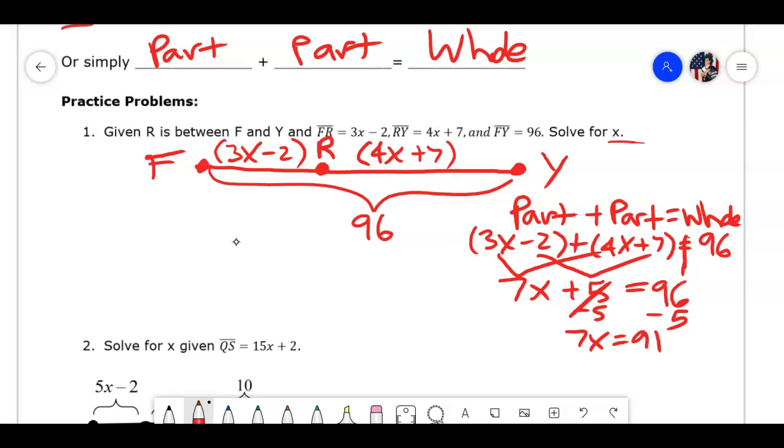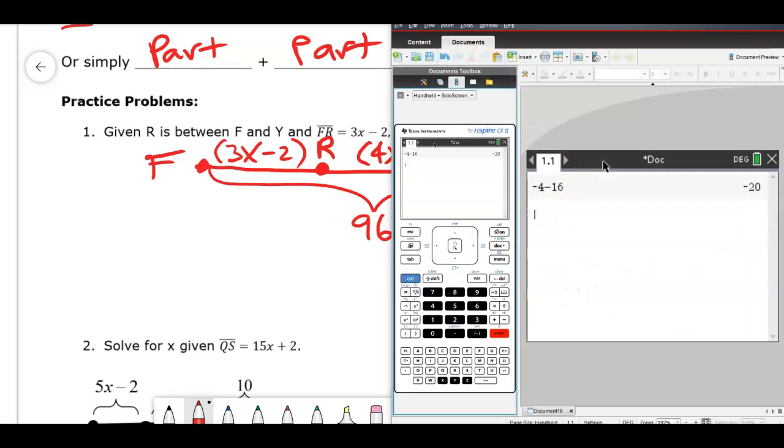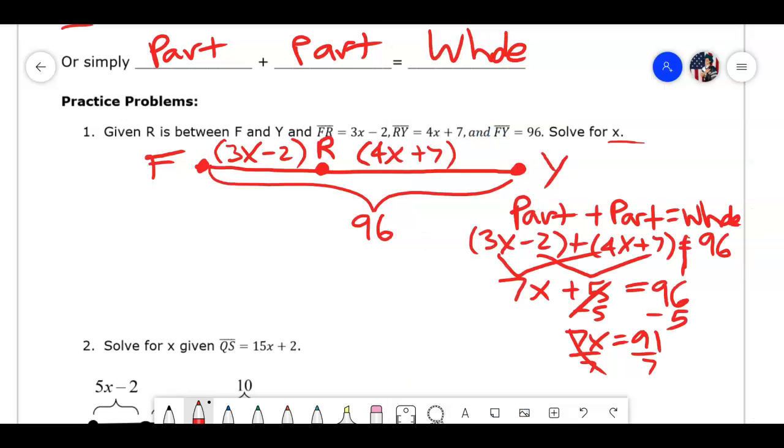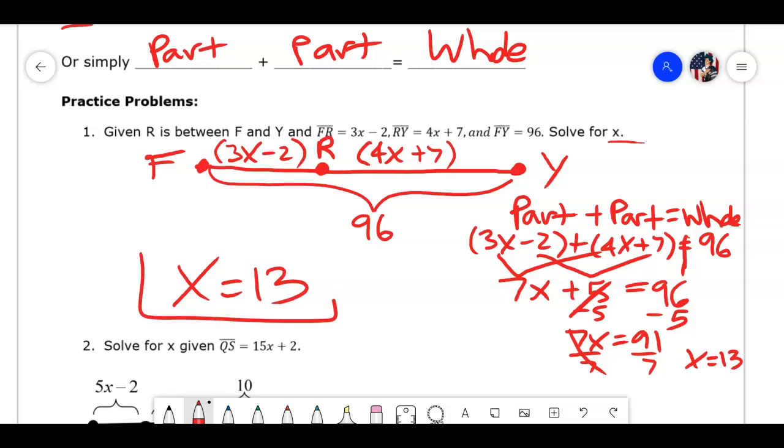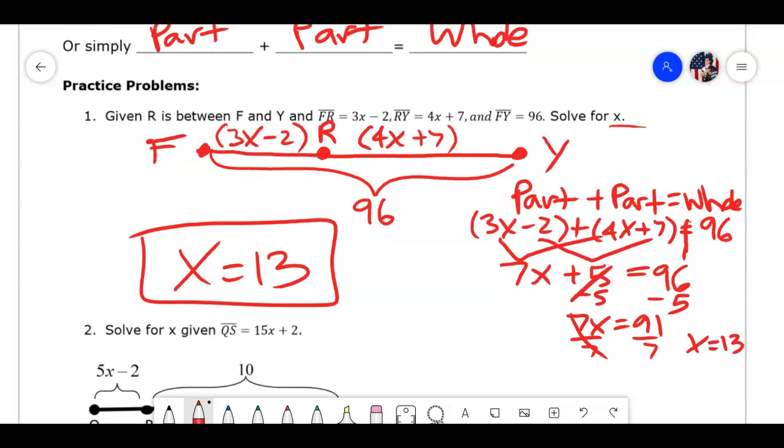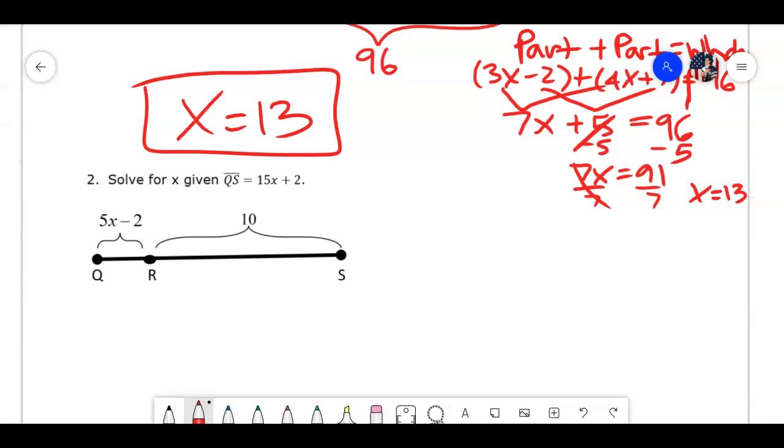Last step, to get rid of that 7 coefficient. Again, we divide. Divide by 7. And again, your calculator can help you. What's 91 divided by 7? I don't know that off the top of my head, but my calculator does. So it's 13. Okay, so x equals 13. Wherever you want to write that, that's fine. Try not to encroach into number 2 too much.